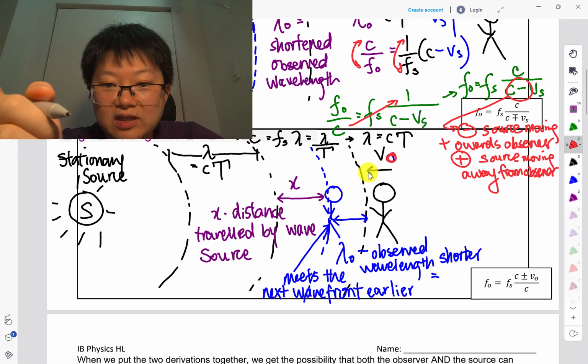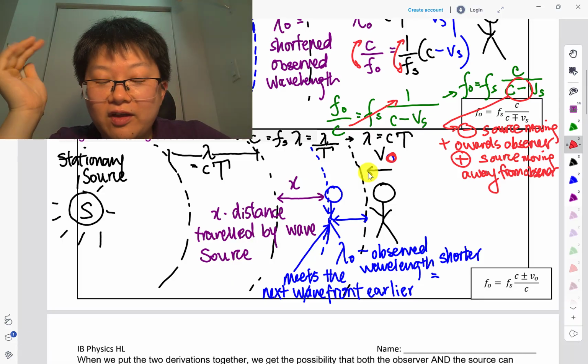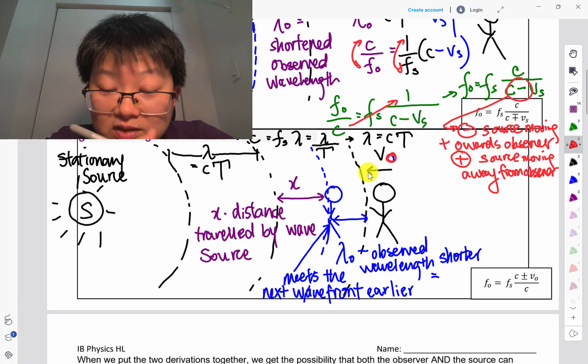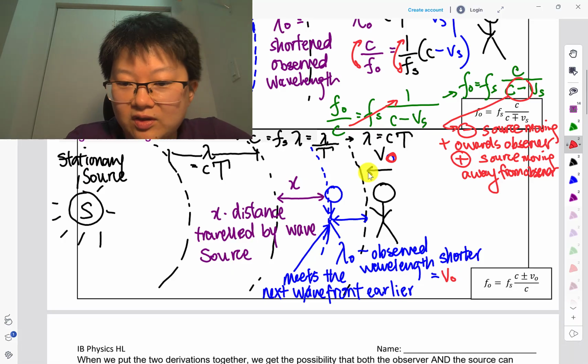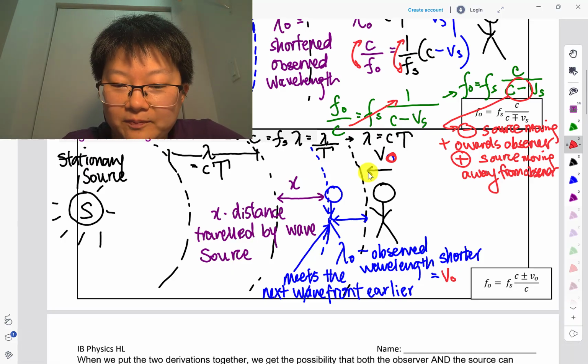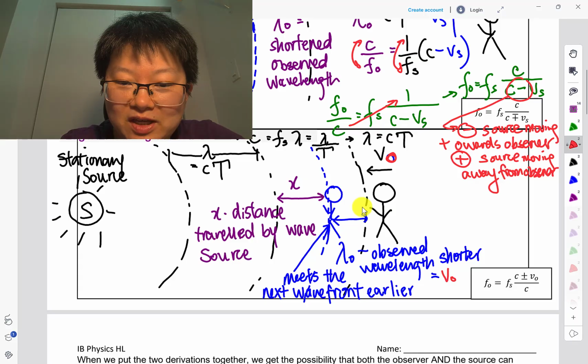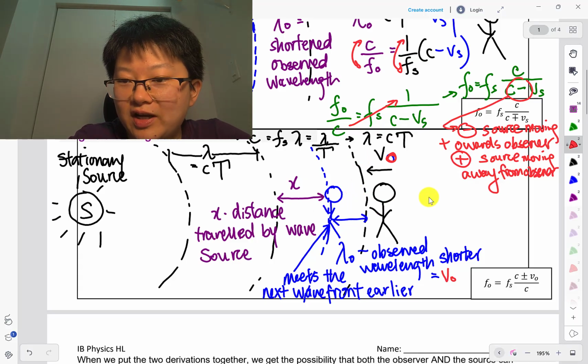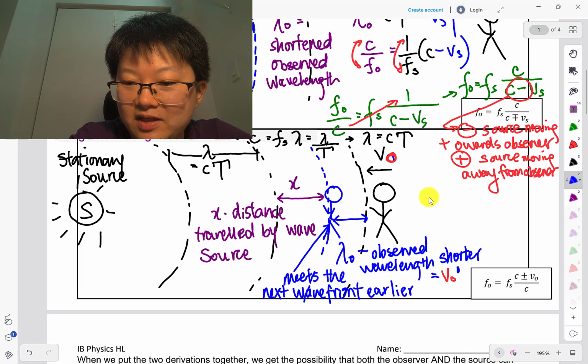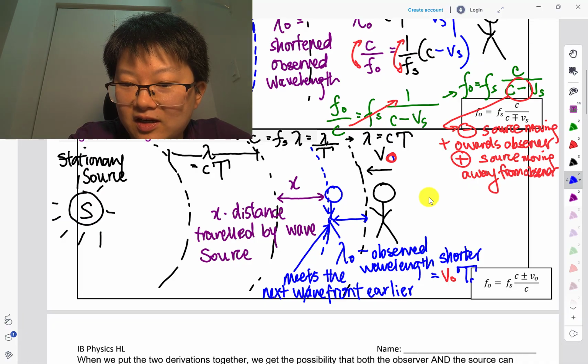This is the speed of the observer, that's going to move towards the source. And that's going to be VO, velocity of the observer, times the time it took for this person to get there. So then I'm also going to write instead, that time is period observed.